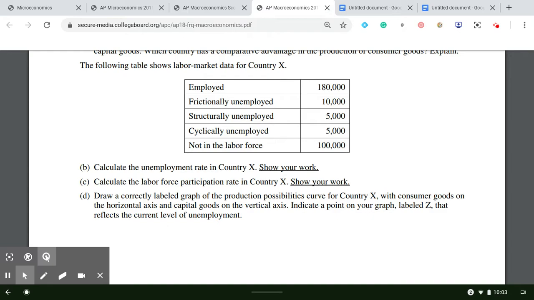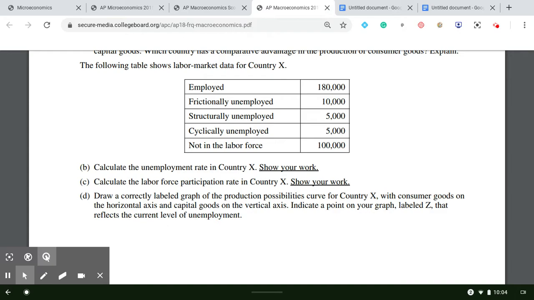Structural unemployment is that type of unemployment that comes from being replaced by technology or something becoming obsolete, or there's some sort of discrimination or some sort of labor union intractability. So something that's within the economy that's out of the control of the people in the economy, or outside the business cycle.